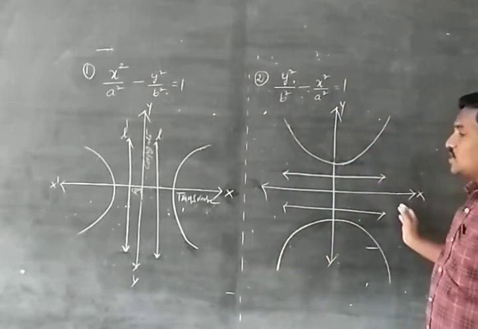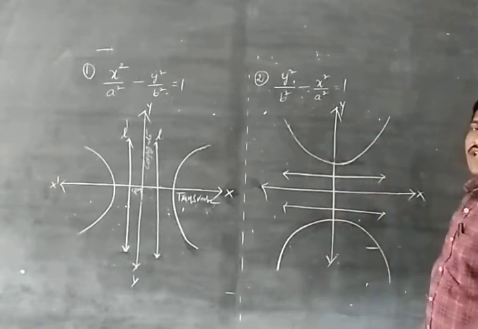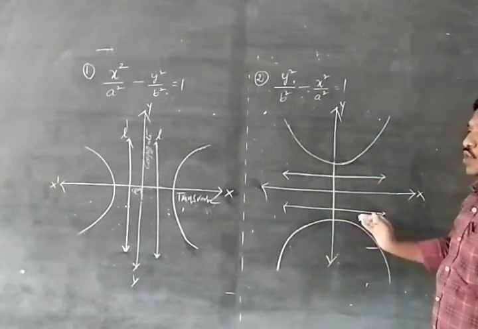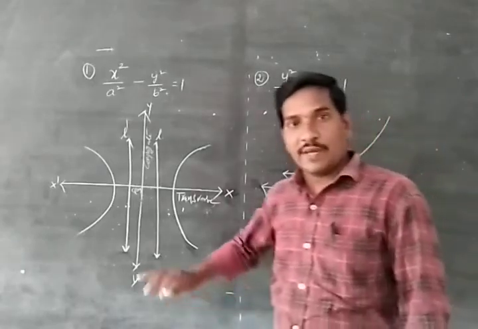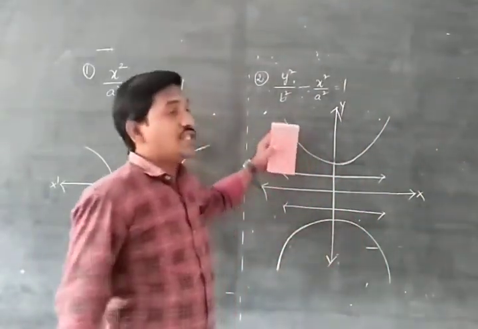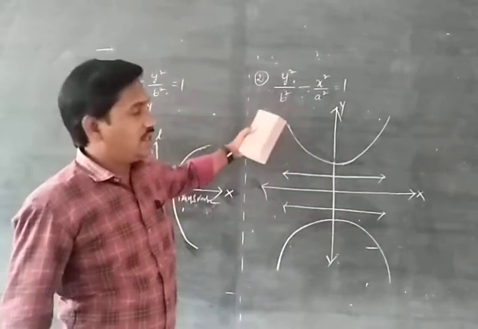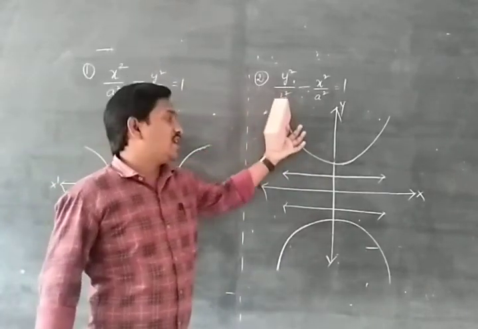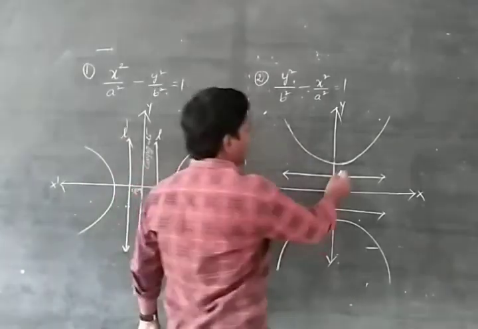The x becomes y and y becomes x, so the transverse axis becomes the conjugate axis and the conjugate axis becomes the transverse axis. This is called the conjugate hyperbola, and its shape is like this.